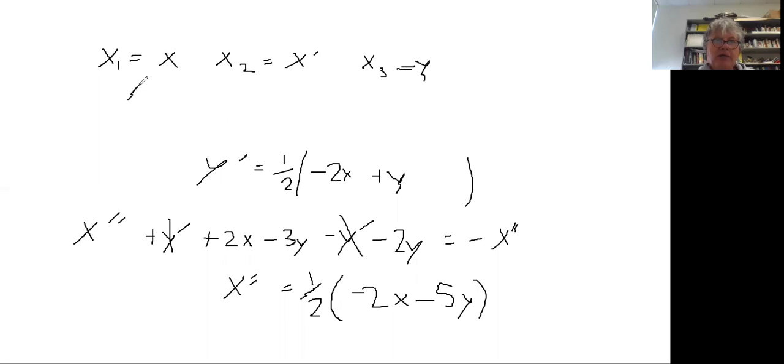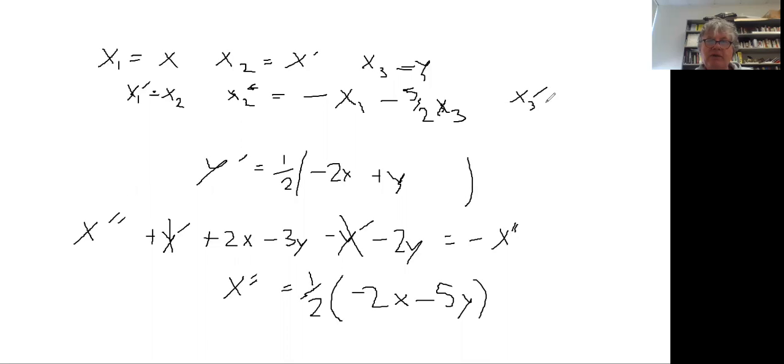And we get, of course, x1 prime equals x2. x2 prime equals, what does that equal? It's down the bottom here. It's equal to minus x, which is minus x1, minus 5 on 2 y, which is x3.